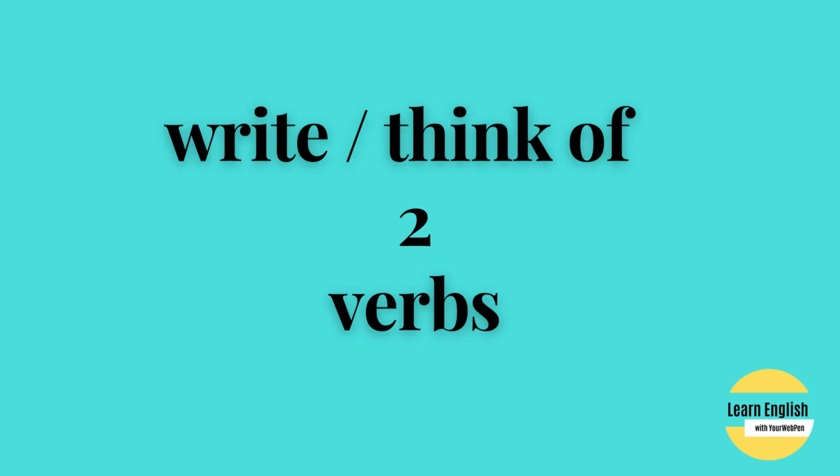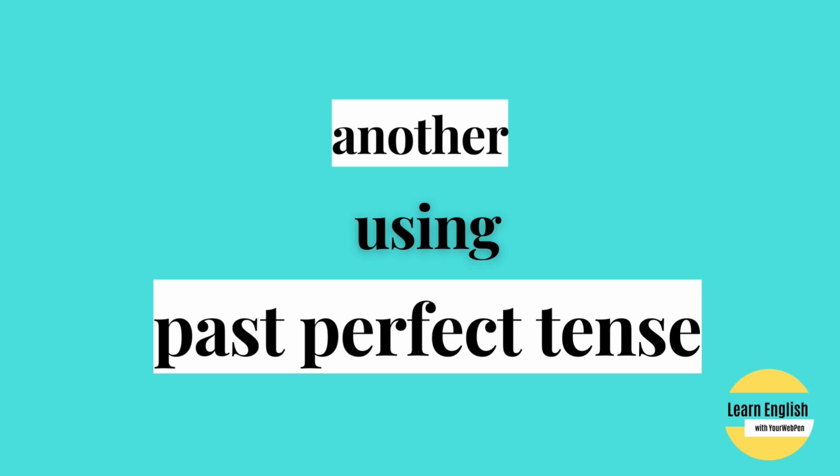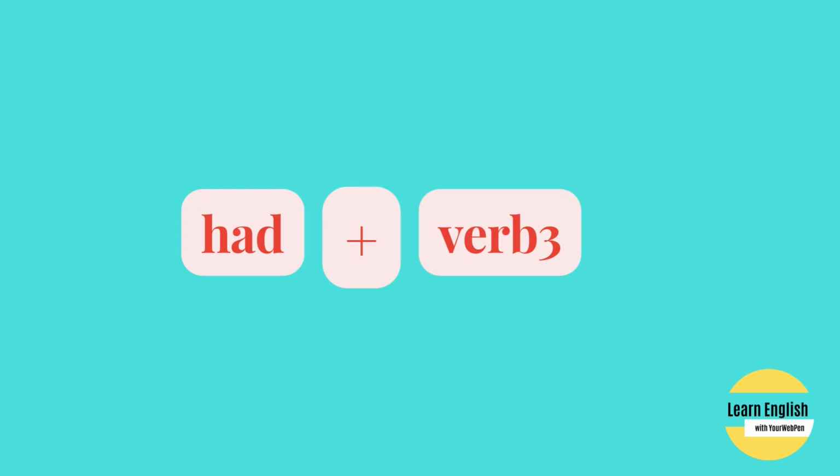It is not complicated at all. At first it might seem complicated, but it is very simple. Better it would be to write the two verbs and then try to speak, one using the simple past tense and another using the past perfect tense, had and the third form of that verb.